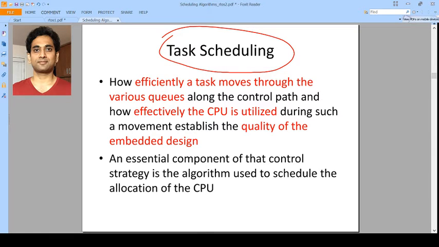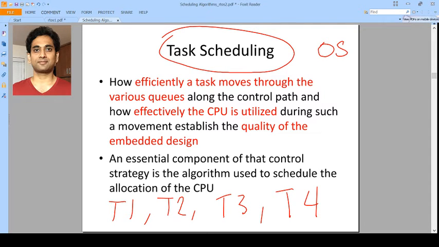Task scheduling is extremely important in a multitasking system. We looked at multitasking systems yesterday. There are more than one tasks with possibly more than one threads. And it is the job of the operating system to orchestrate a scheduling of each of these tasks.